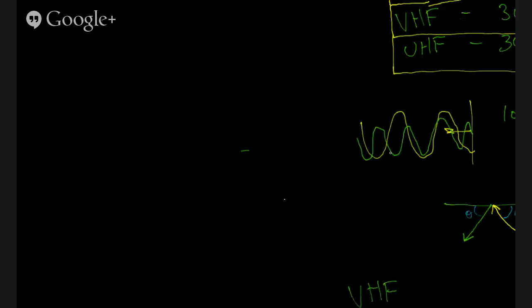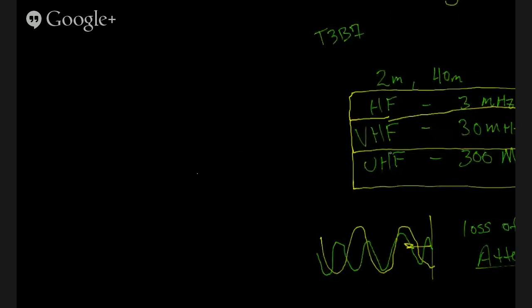And so for VHF, long-distance VHF, which is not line of sight, in dealing with atmospheric conditions, is always reflected by the sporadic E layer.